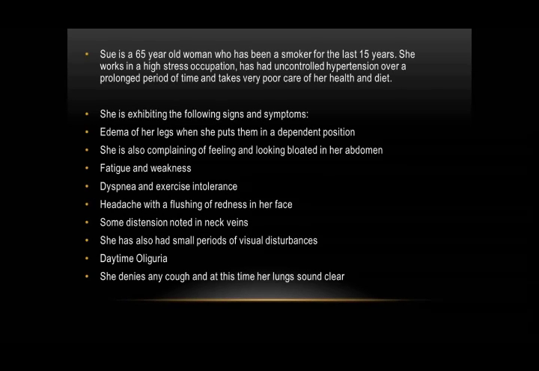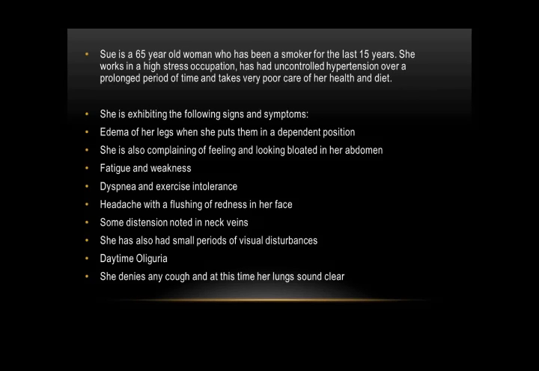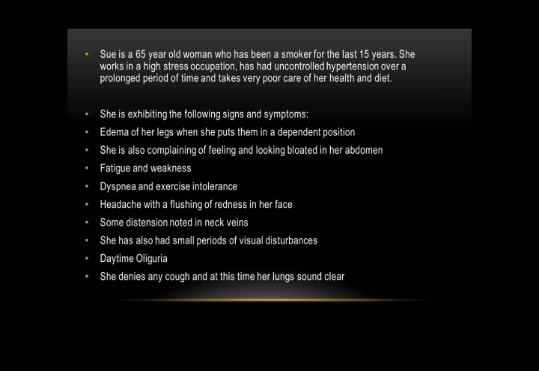She's complaining of having some headaches, some flushing of redness in her face. She's even noted that she feels like the veins in her neck are protruding. They're sticking out more than they used to. She also talked about how she has these small periods of visual disturbances where her vision gets kind of blurry for a little bit. It's not consistent.